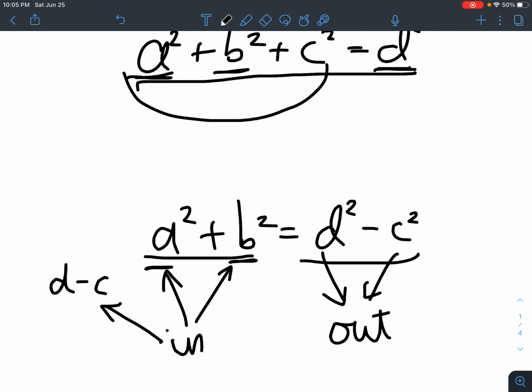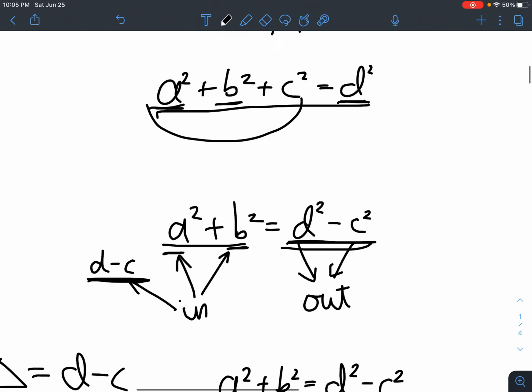And by specifying the difference between d and c, you also narrow down the difference between d squared and c squared. And that also helps narrow down what d and c the formula will give you. So now with this third input, the formula knows which values of d and c to give you.